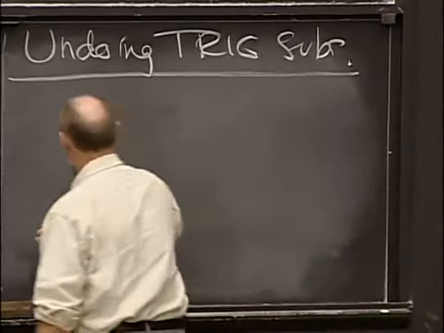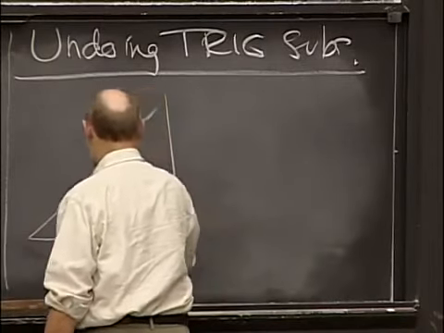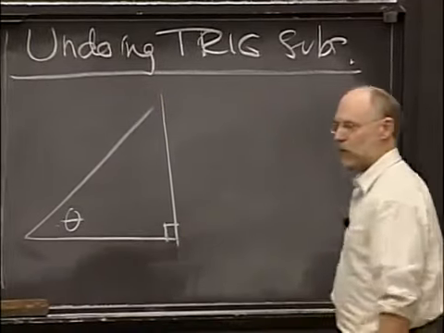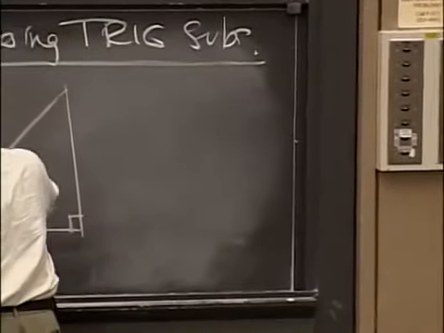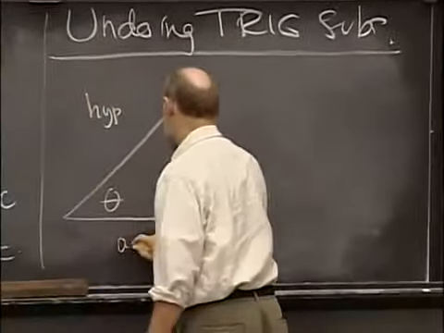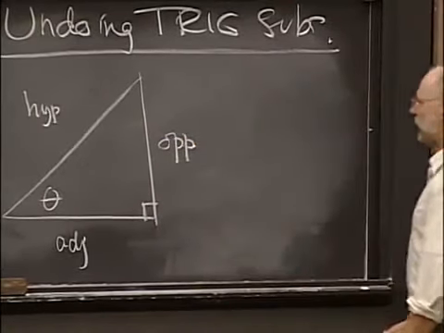So let's go back to where trigonometry always comes from, this right-angled triangle with a theta in the corner. And then these three sides, this one's called the hypotenuse, this one is called the adjacent side, and that one is called the opposite side.